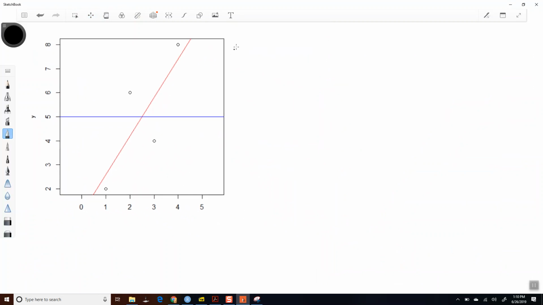Okay, so here my x and my y go like this. I've got 1, 2, 3, and 4, and 2, 6, 4, and 8.